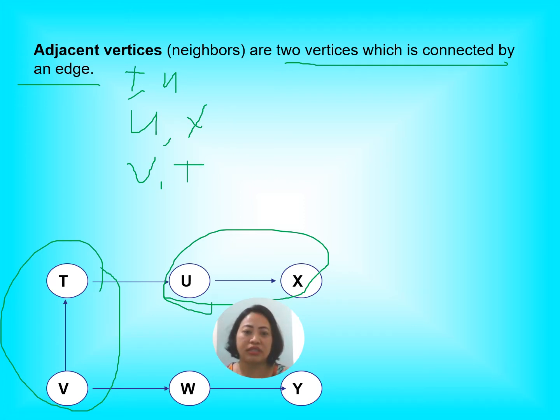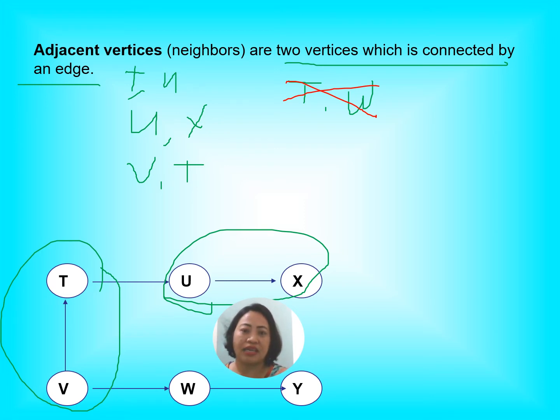How about T and W? Are they connected? Are they adjacent? Very good. Okay. No, they are not adjacent. There is no edge connecting vertex T and vertex W. Therefore, they are not adjacent.